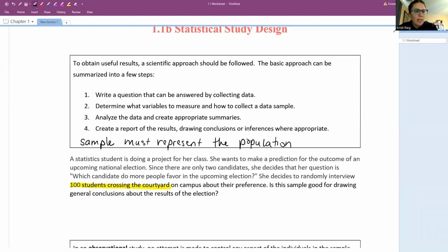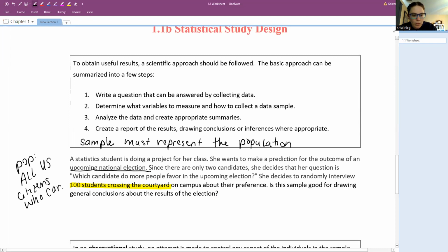Okay, so in this example, since we're talking about an upcoming national election, that tells us that the population is all U.S. citizens who can vote. So we don't want to include people under 18.